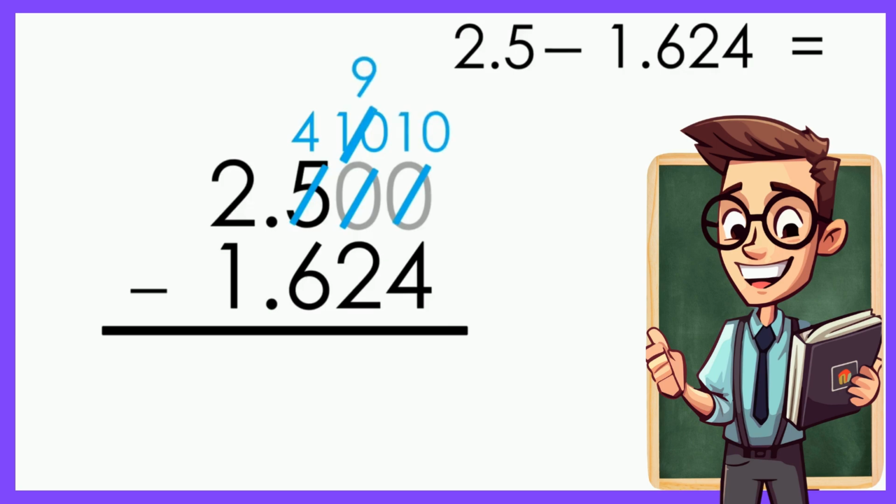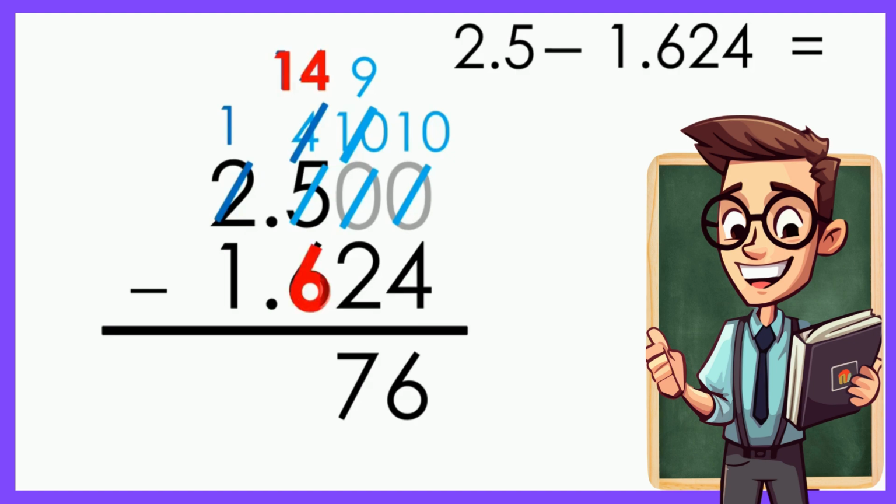Now we can subtract. Starting from 10 minus 4, the answer is 6. Here we have 9 minus 2, and the answer is 7. Next we have 4 minus 6, but that cannot be subtracted because the minuend 4 is smaller than the subtrahend. So we need to borrow from the next digit, which is 2. If we borrow 1, then 2 will become 1, and 4 will become 14.